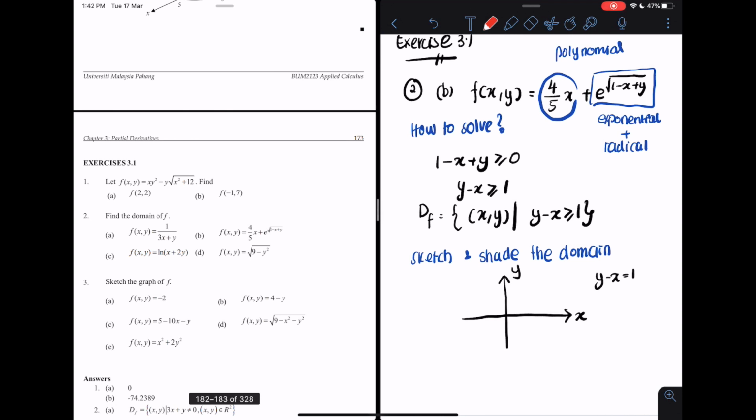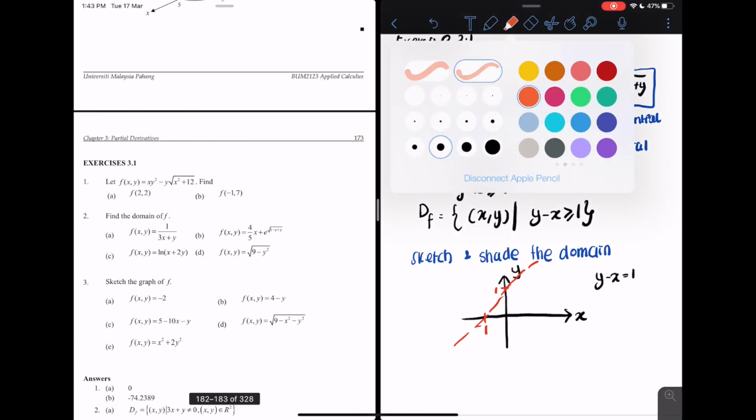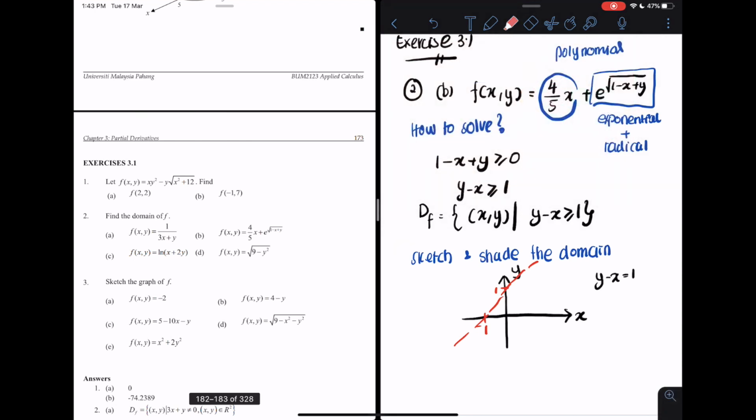In this case, the y intercept equals 1 when you let x equal 0, and the x intercept is x equal to negative 1 when you let y equal 0. And the question says the domain is y minus x larger than or equal to 1, so I should sketch the upper part of this graph.